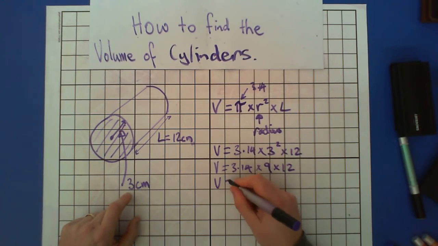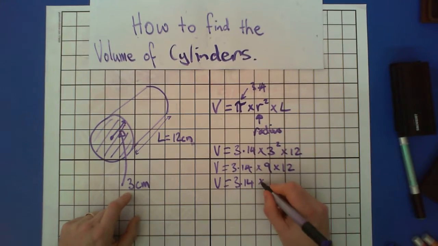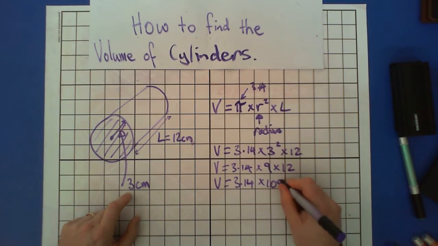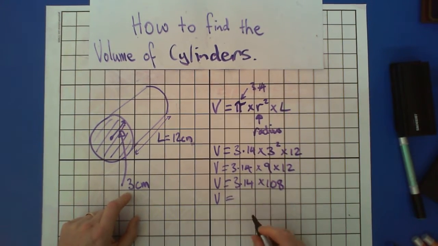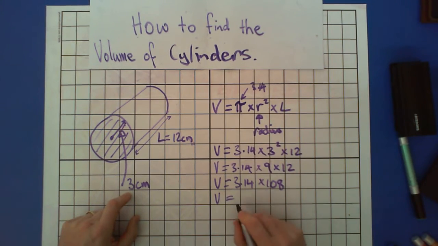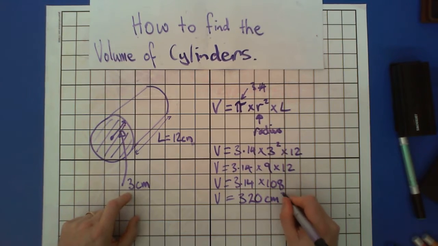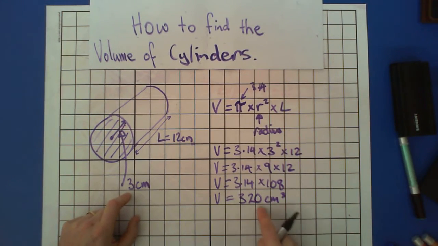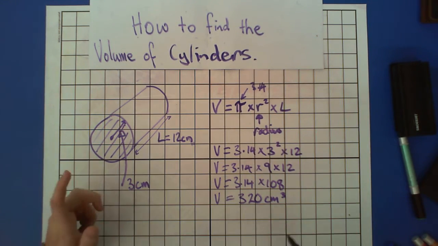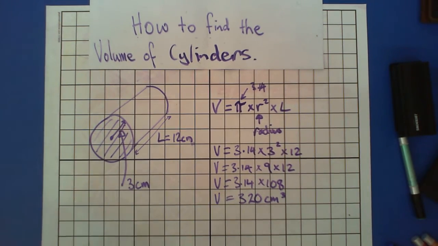Well, 3.14 times 9 times 12 is about 108 times 3, so our volume is going to be somewhere in the vicinity of 320 centimeters cubed. That's just an estimate. You put it in your calculator to get the exact value, but roughly it's going to be around about that value.